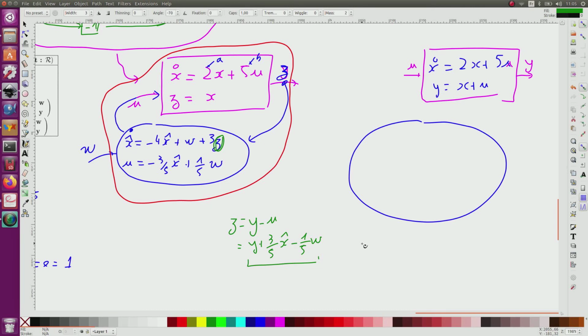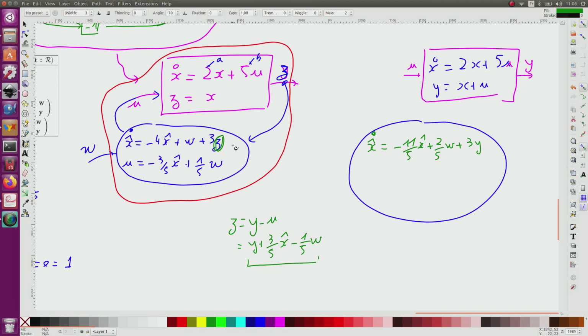As a consequence, the controller will be equal to, so I replace z by this, and I will obtain x hat dot is equal to minus 1 divided by 5 x hat plus 2 divided by 5 w plus 3y.